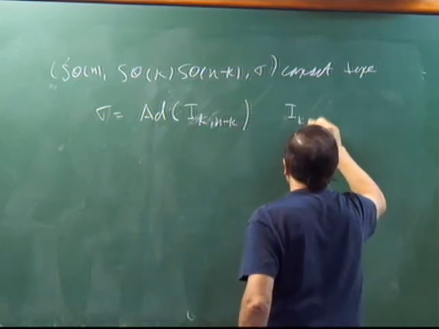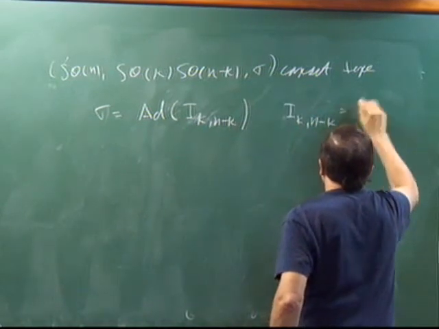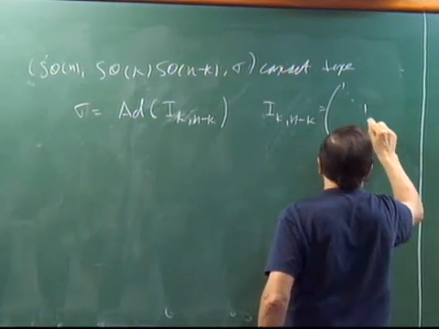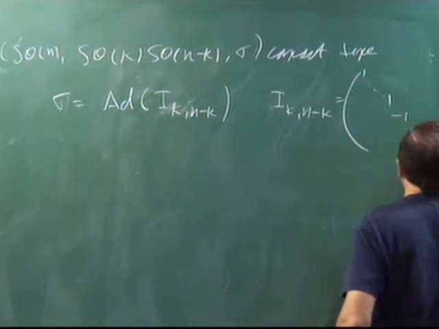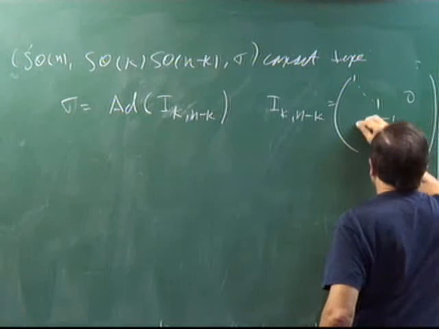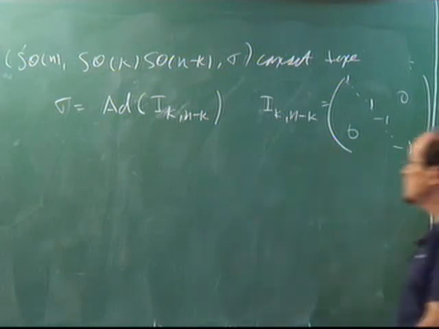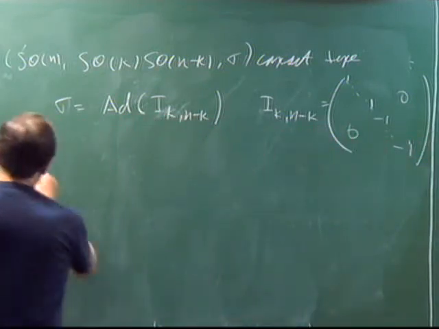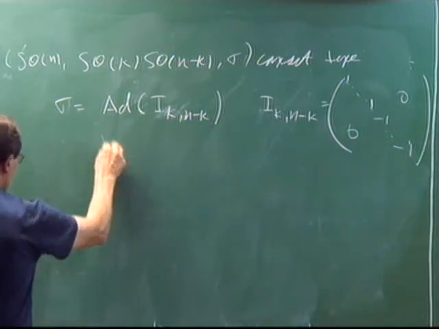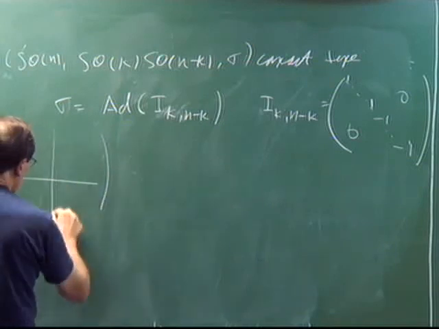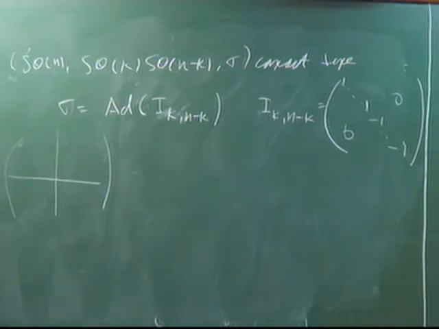So this was a matrix which had 1, 1, minus 1, minus 1 along the diagonal: first k ones, last n minus k minus ones. So when you write things in block form, what did I do?